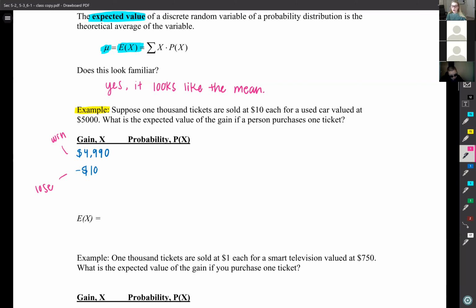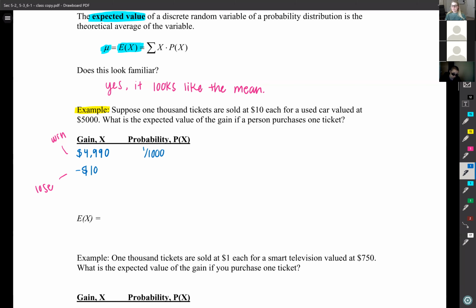So my probability of winning, so gaining $4,990. Let's see, I bought one ticket and 1,000 were sold. So I have a 1 in 1,000 probability of winning. It's pretty low. My probability of losing is pretty high.